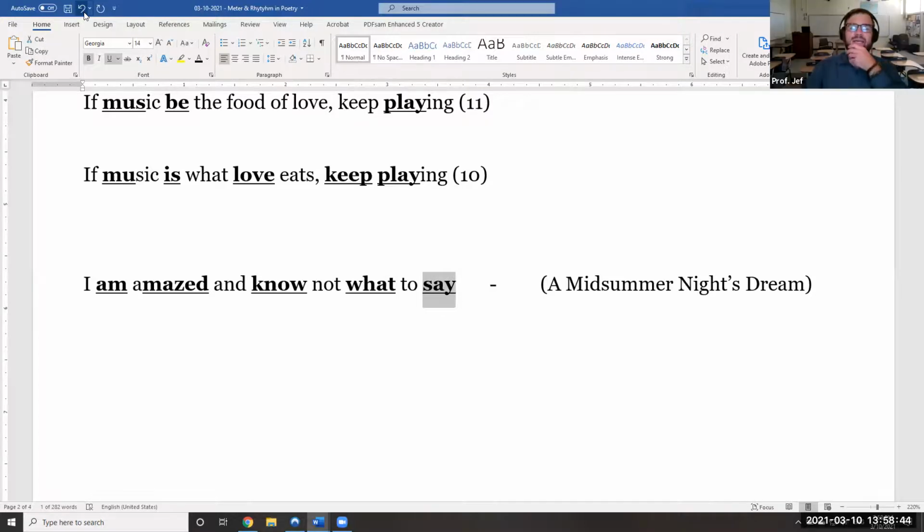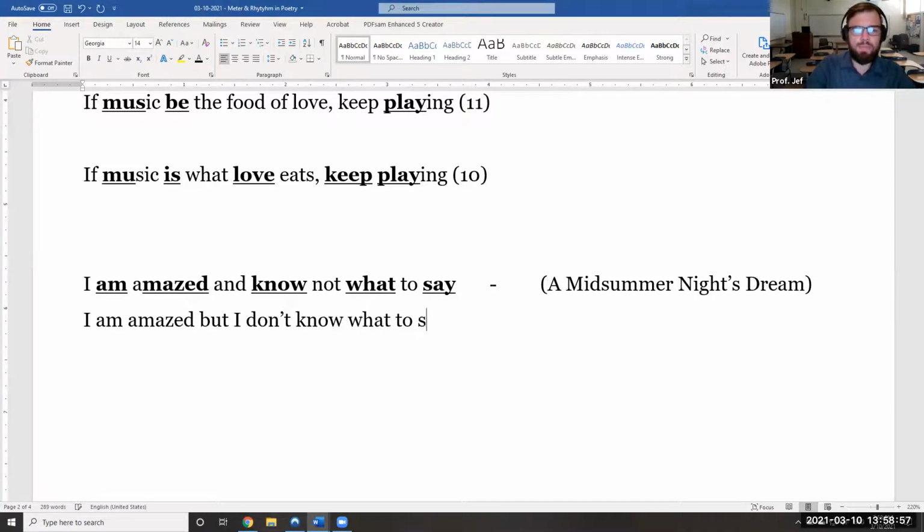And think about if we did the same thing we did with the examples above. Even if we just change this slightly, right? We get the same beginning here. Okay, stressed, unstressed, one-syllable words. Okay, now two-syllable words. Amazed.